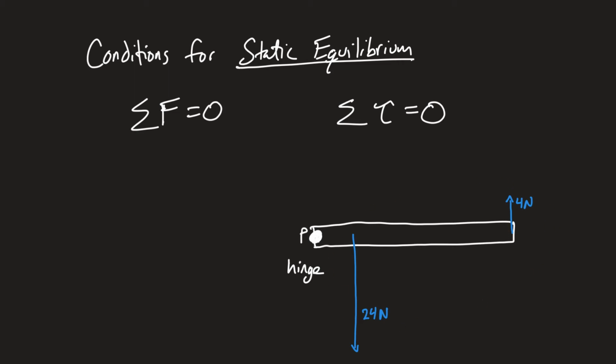But what about Newton's second law? The sum of the forces still has to equal 0 on the beam, and it's not doing that right now. And that should be totally obvious to you.